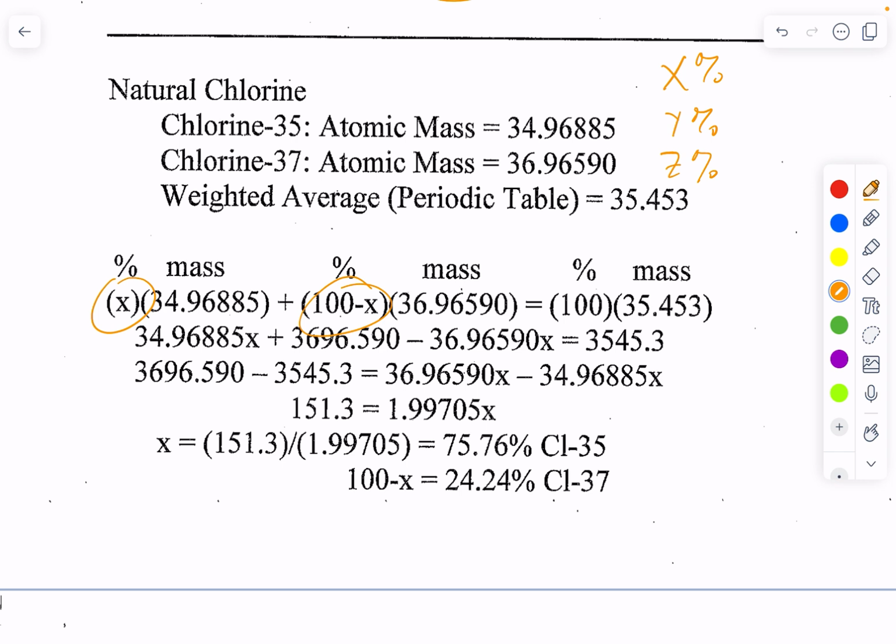You're going to have some way of relating X and Y, and one way of relating X and Z. In this particular case, if this is my X, my Y is 100 minus X because I only have 2 isotopes. But if I throw in a third isotope, isotope Z, then I'm going to have some way to connect Z to either Y or X isotopes in order to continue with this math.